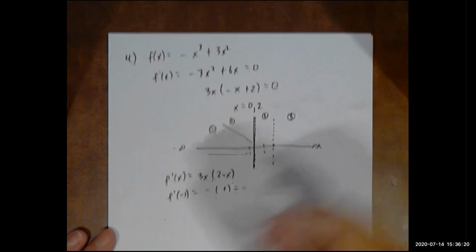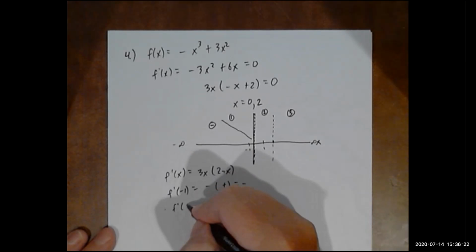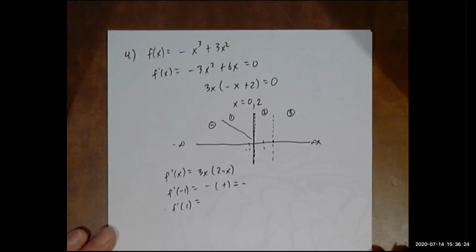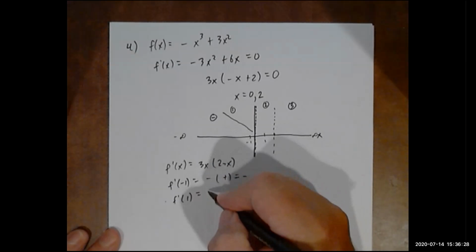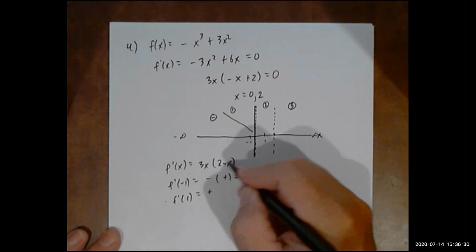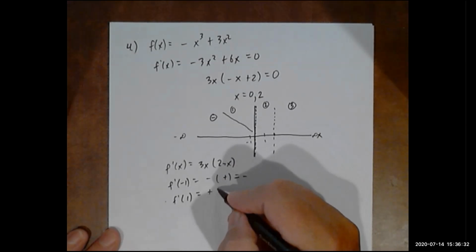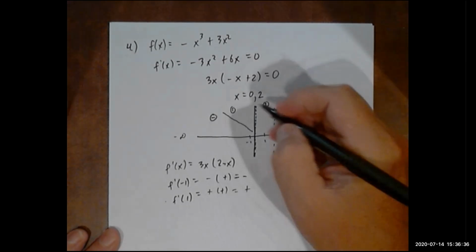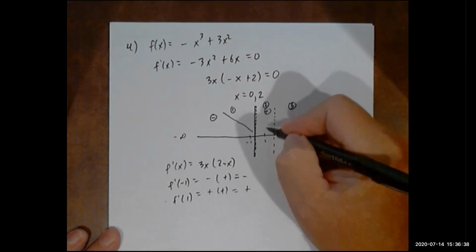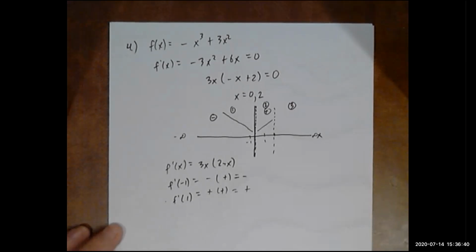I'll pick 1. So once again, I look at the first derivative when x is 1. This 3x is positive. 2 minus x, 2 minus 1 is 1. The parentheses are positive. Region 2 is a positive region, so I know it's going to go up.